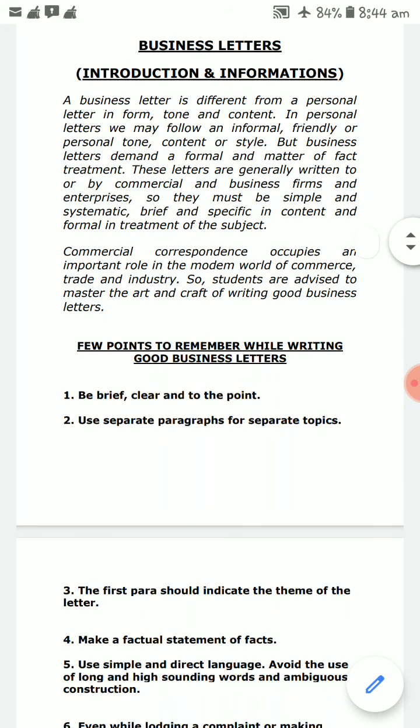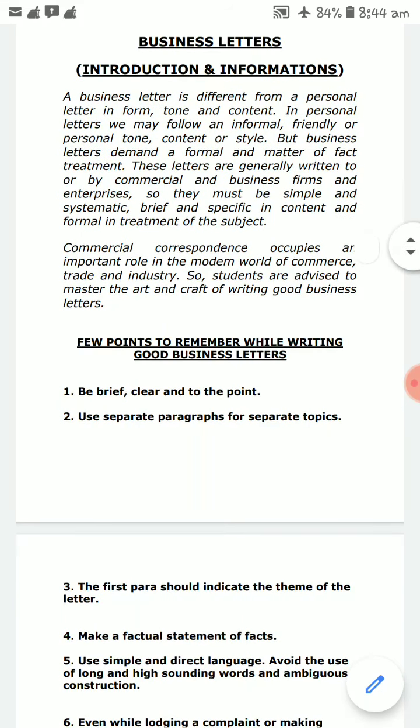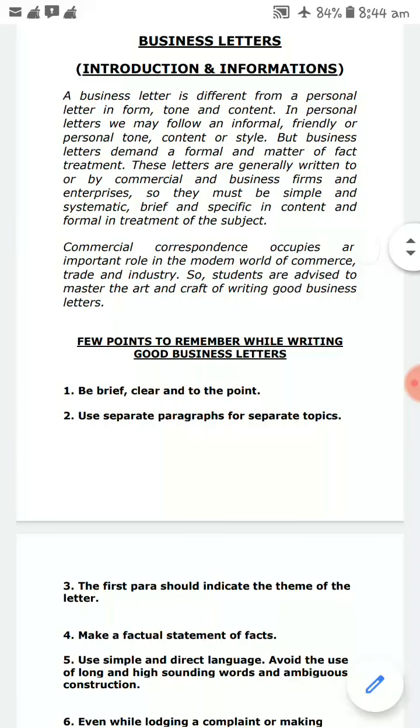This is the very important point, dear students. A business letter is totally different from a personal letter, not only in structure but in tone and also in content. In personal letters, we may follow an informal, friendly or personal tone, content or style.